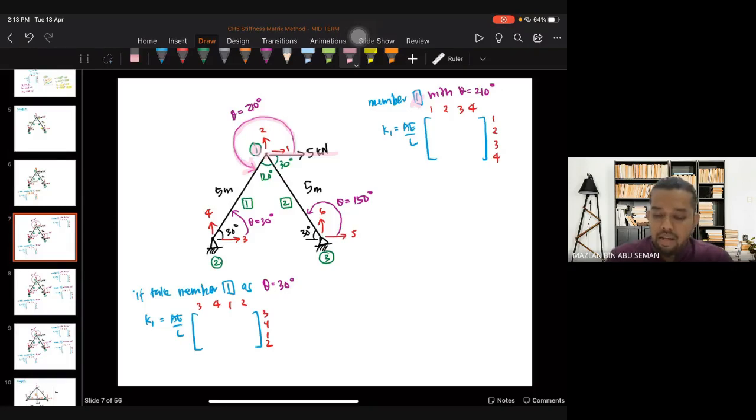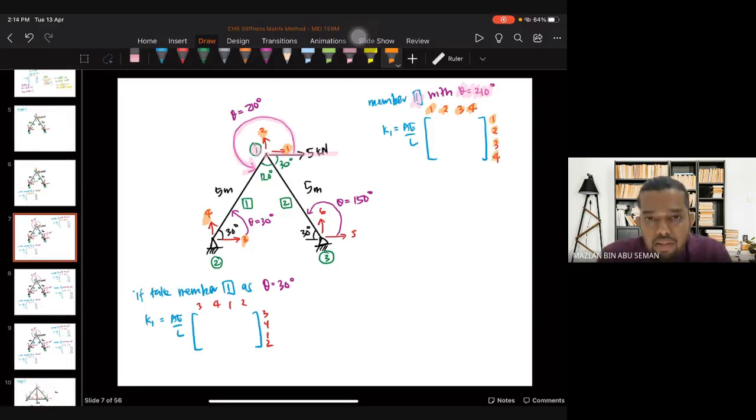So that theta is 210 degrees. Then numbering for K1 from joint 1 is 1, 2, 3, 4, 1, 2, 3, 4.